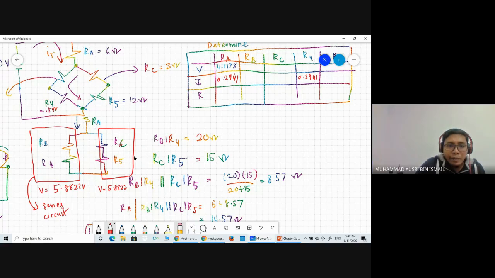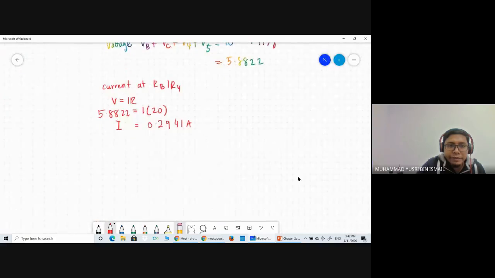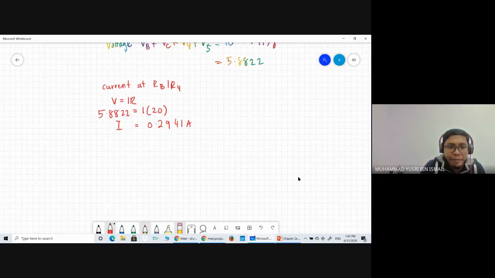Then now I calculate the current flowing at RC and R5. So the voltage, we already have a value of 5.8822. Then we have the value of resistance.